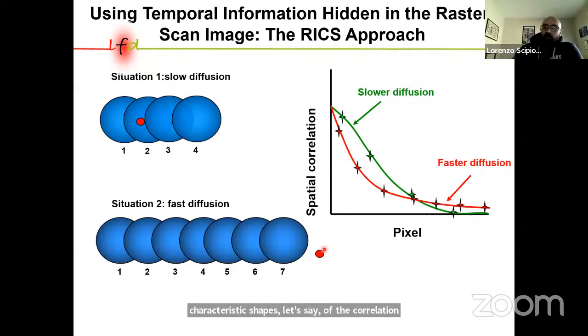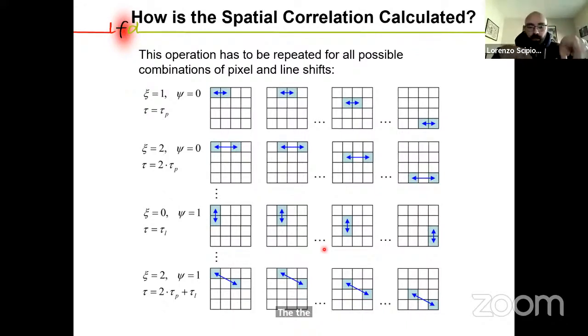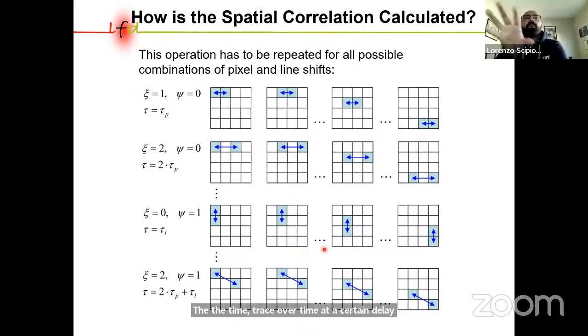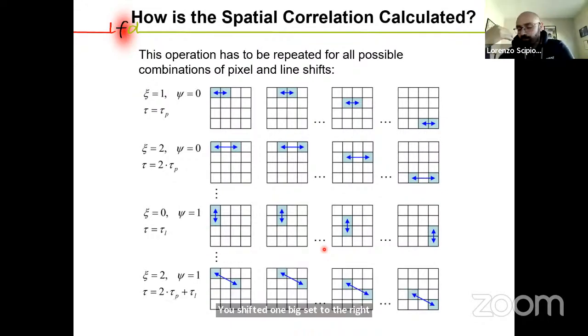But let's take one step back and see how this is calculated, right? Similar to FCS, where you shift the time trace over time at a certain delay, here it is the same thing, but it works in space. So you take your image, you shift it one pixel to the right, compute the function, and then you shift it another point, and then another point, and then along the lines, and so on and so forth.